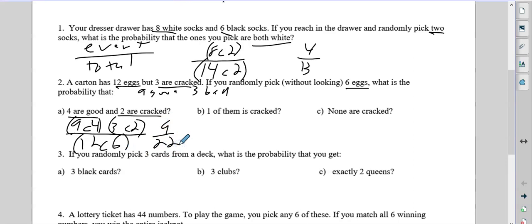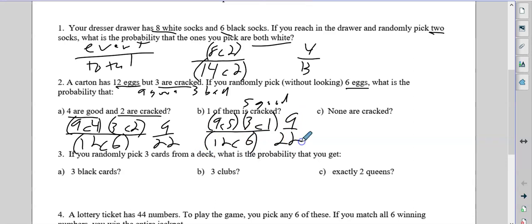All right, what about one of them cracked? Well, if one's cracked, that means 5 good. So similar idea, 5 out of the 9, 1 out of the 3, and the total is the same. And oddly enough, this ends up being the same probability.